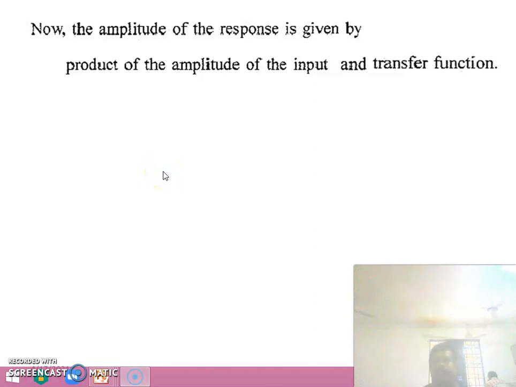The amplitude of the response is given by the product of the amplitude of input and the transfer function. So how do we get the amplitude of the response? The amplitude of the response is obtained by taking the product of the amplitude of input and the amplitude of the transfer function.